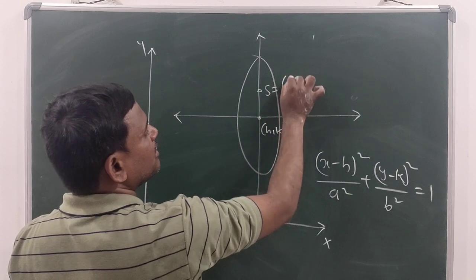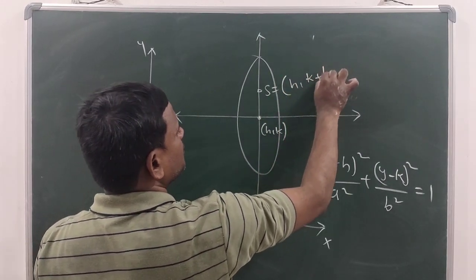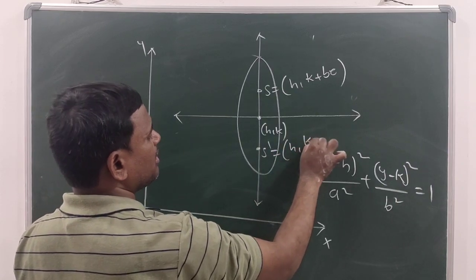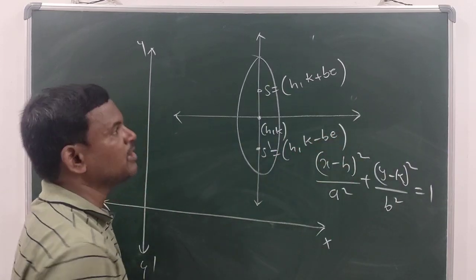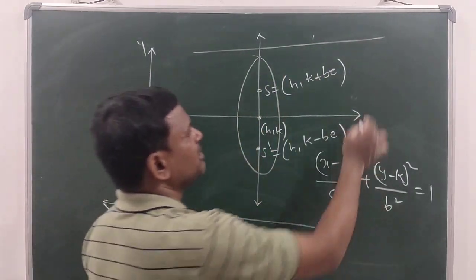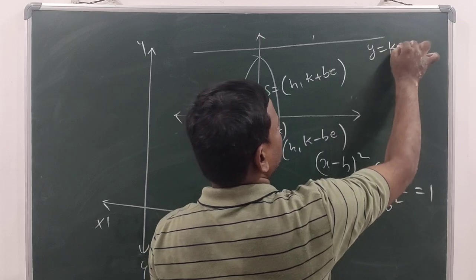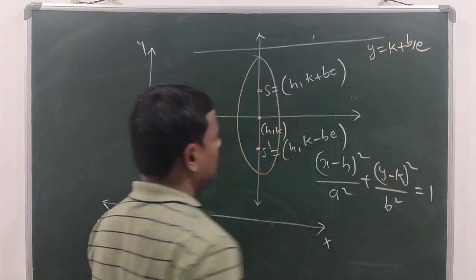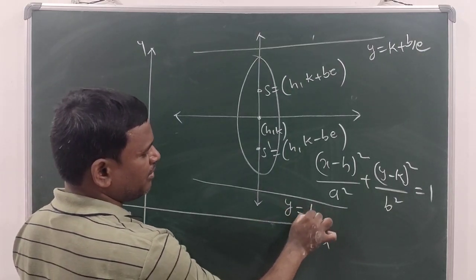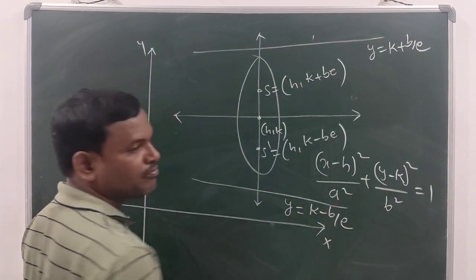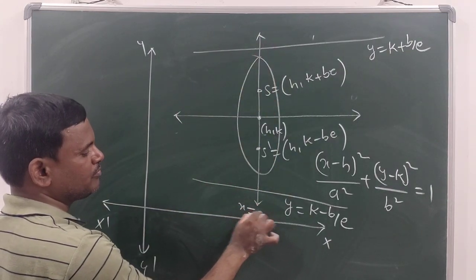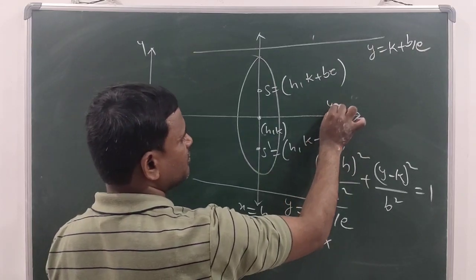The foci coordinates are h comma k plus ae, and h comma k minus ae. Here you will get one directrix whose equation is y equal to k plus a by e, and here one more directrix whose equation is y equal to k minus a by e. Now the major axis equation is x equal to h, and the minor axis equation is y equal to k.